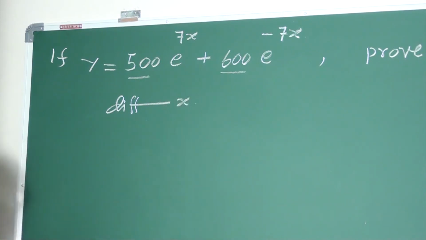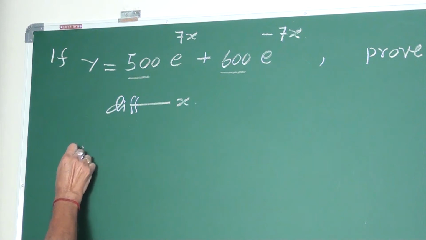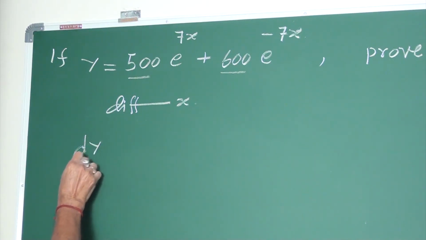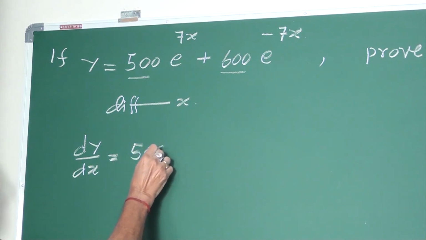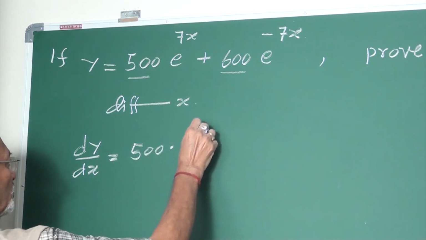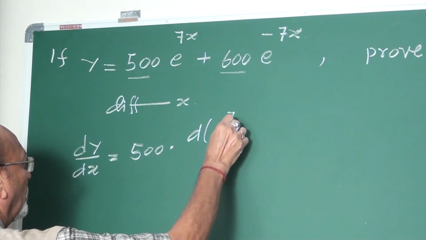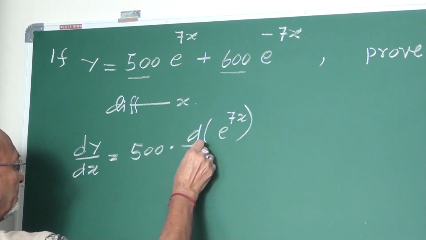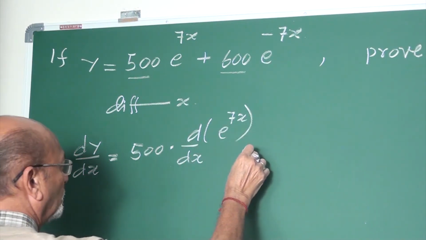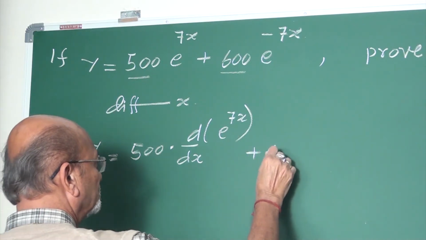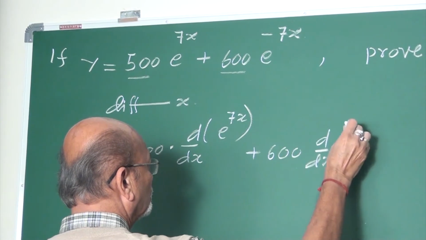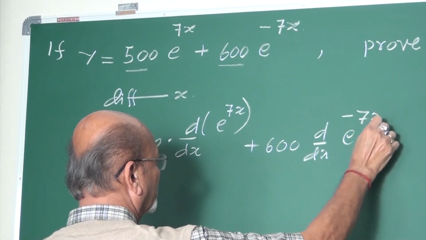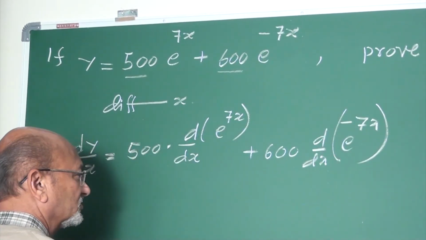The first derivative dy by dx equals 500 as it is, times the derivative of e to the power 7x, plus 600 into the derivative of e to the power minus 7x.